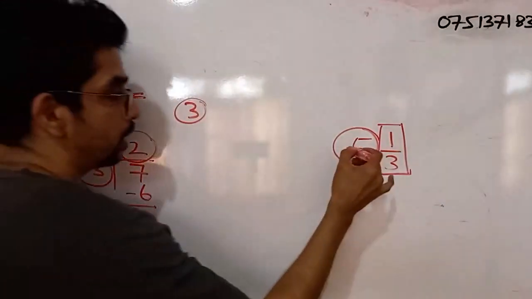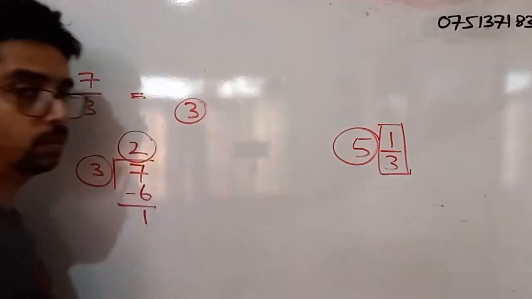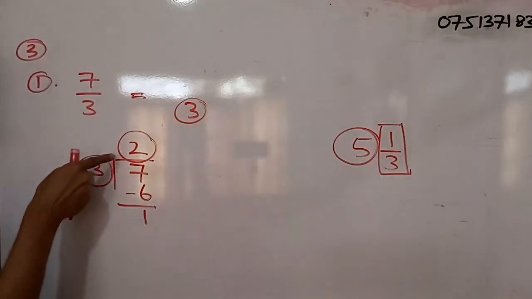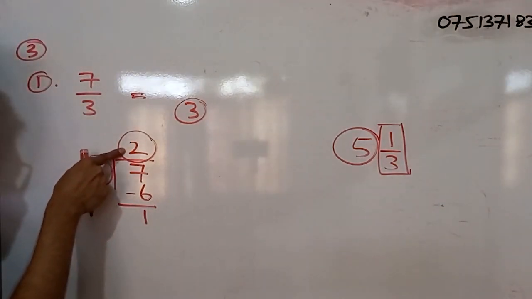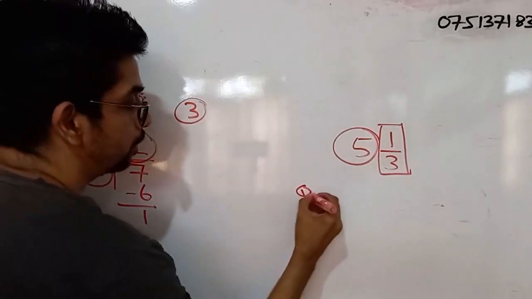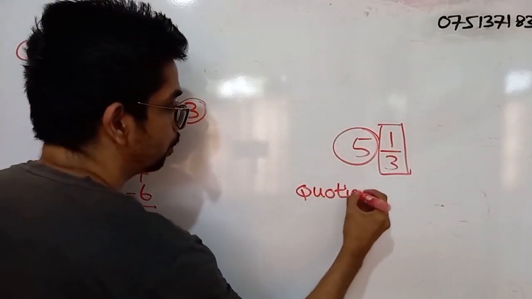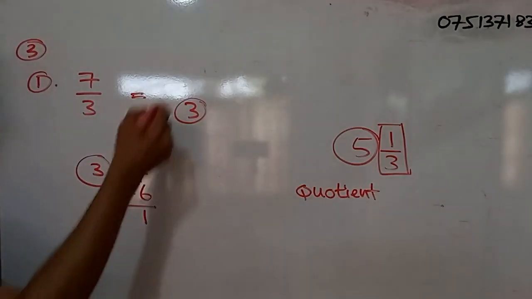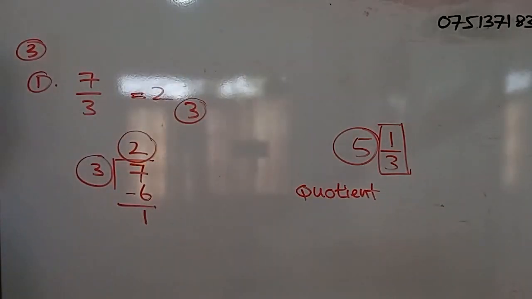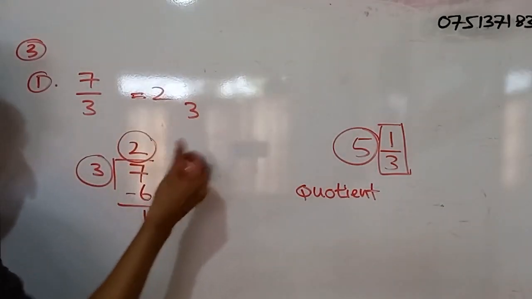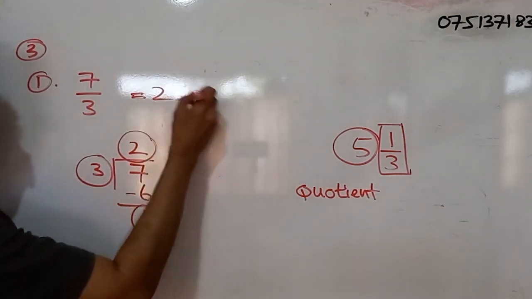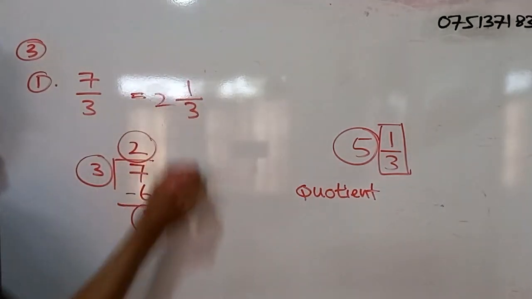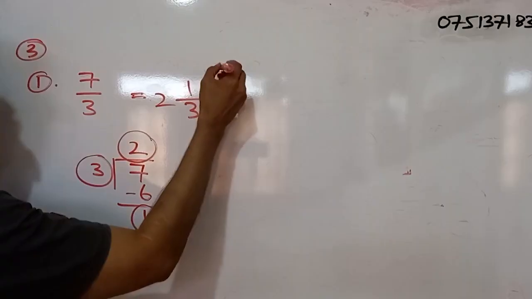What is the term? Quotient. The quotient will be the whole number part, so here we get a 2. Right, then what will be the numerator? The remainder. So 2 and 1 by 3.